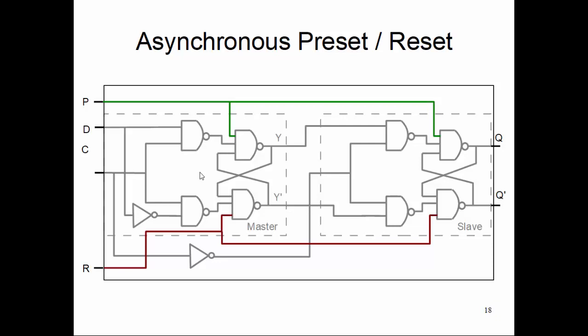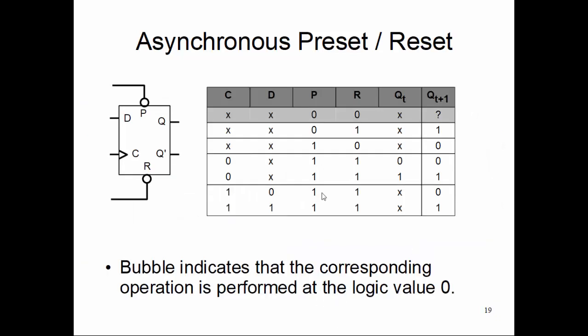So with the preset reset, usually we make it as a bubble on preset and reset, meaning P 0 and R 1 is my set condition, preset condition. So we usually make it an inversion, right? 0 and 1, it is an inversion relation between them. So we mark it as a bubble.